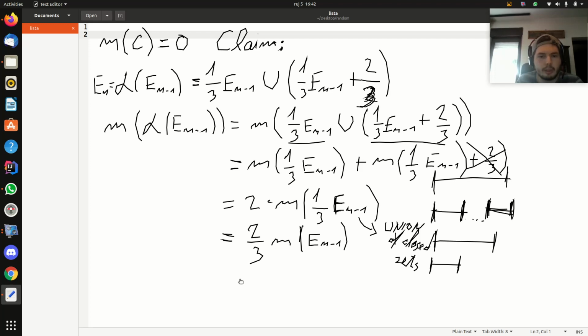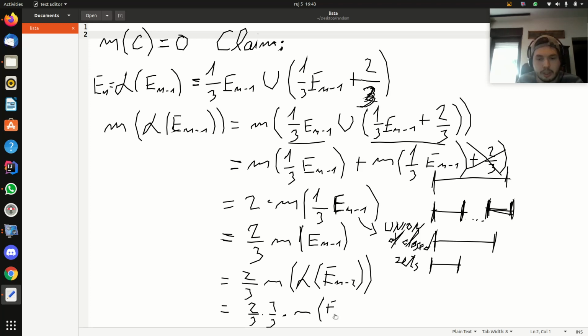And what is E_{n-1}? Well, that's going to be just alpha of E_{n-2}. And we have a recipe for this, so we're fine. So this is going to be 2/3 times 2/3 times the measure of E_{n-2}.